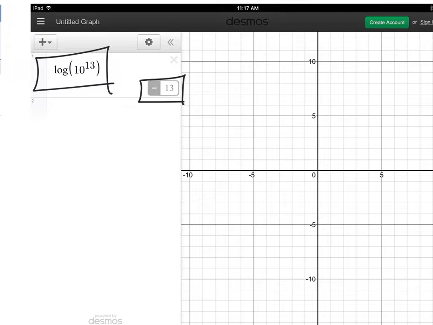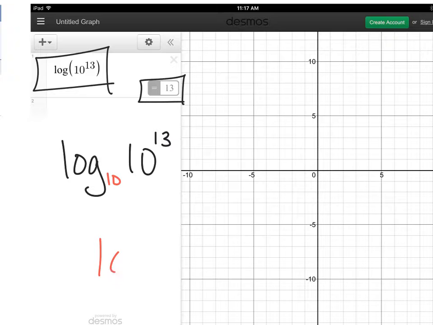Basically, when you have log of 10 to the 13th power, that's saying 10 raised to what power is equal to 10 to the 13th power.